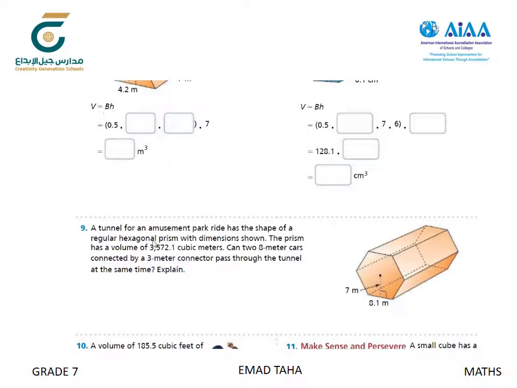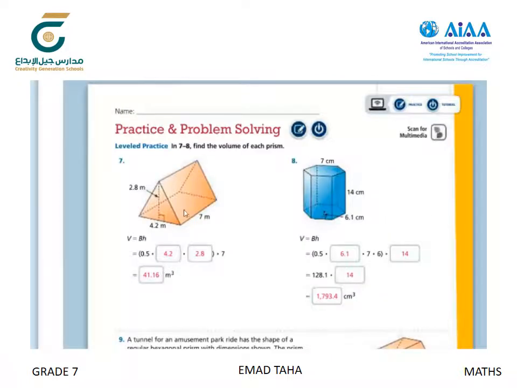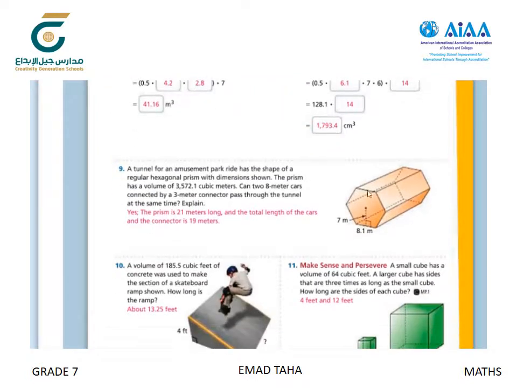So we divide the volume 3,572.1 by the area of the base. It gives me the height. The height will be 21. So the prism has height 21, so the length of the prism is 21.